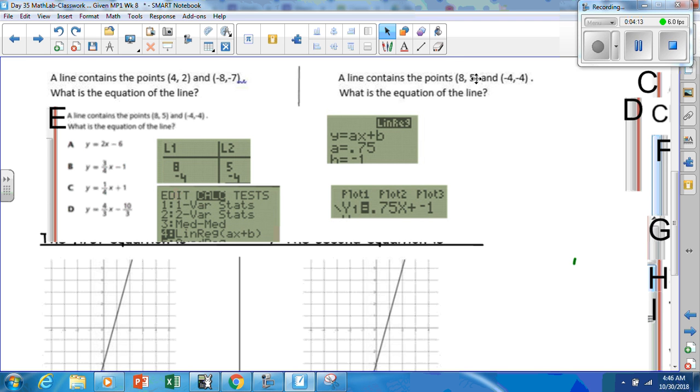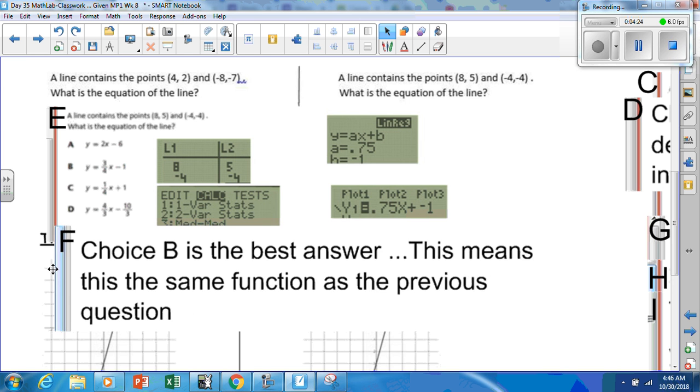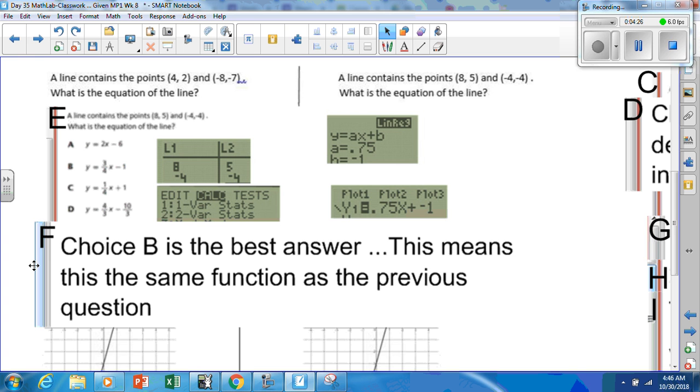That means if I have 2 functions that produce the same line, you know, in 8th grade we talked about no solution, one solution, or infinite solutions. This would be an infinite solution because we'd have one line on top of another line.